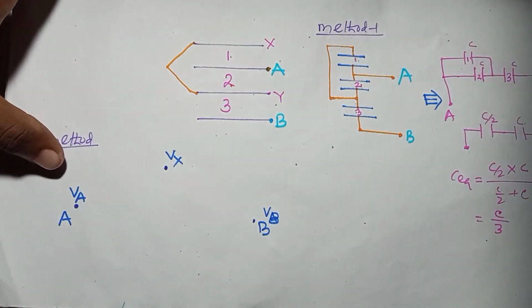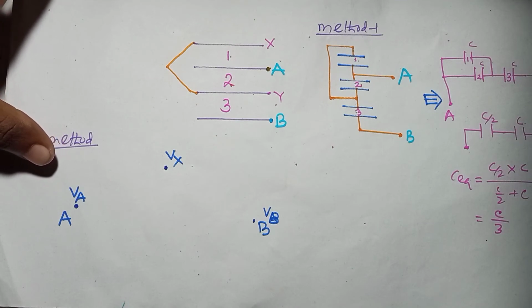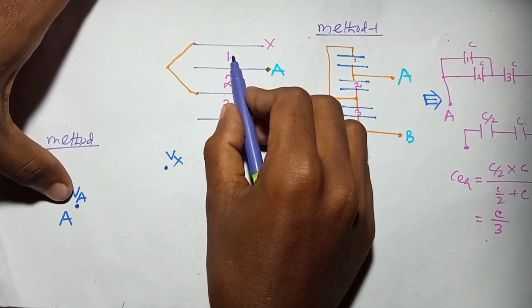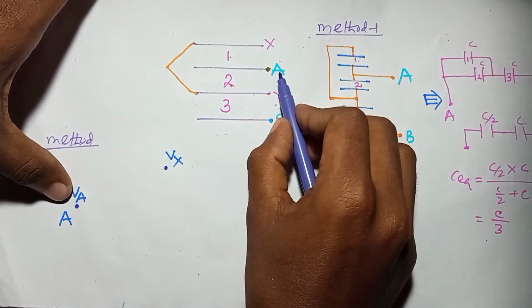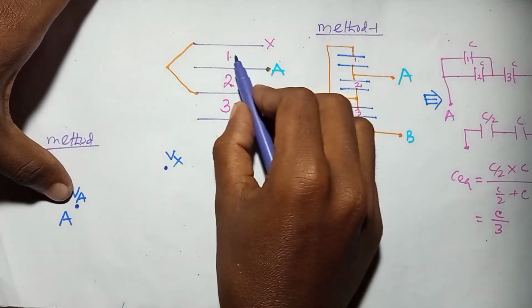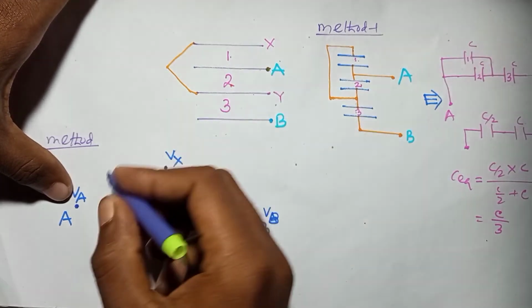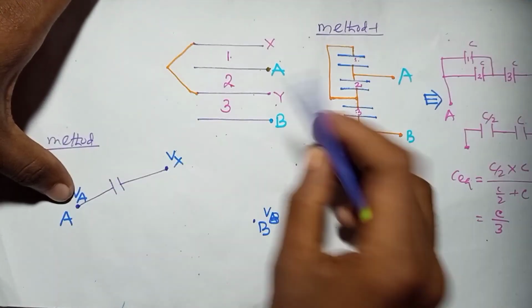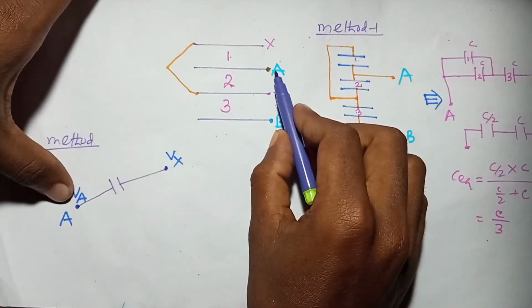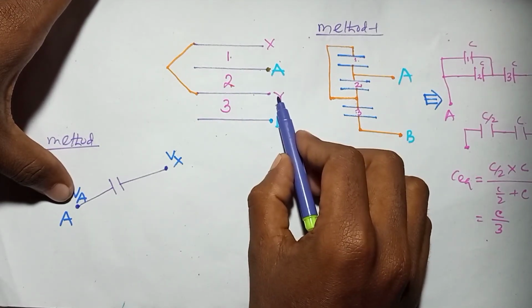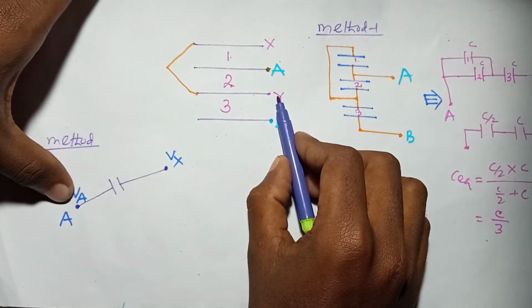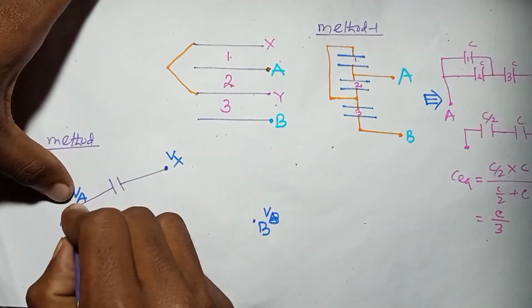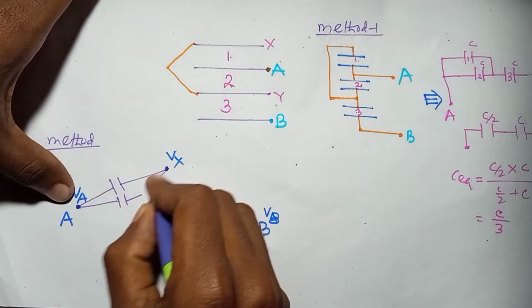Now let's see, capacitor 1 is present between Vx and Va potential, so you have to draw a capacitor between Vx and Va potential. Capacitor number 2 is between Va and Vy potential, and Vy potential is nothing but the Vx potential, so you have to draw another capacitor between these 2 points.